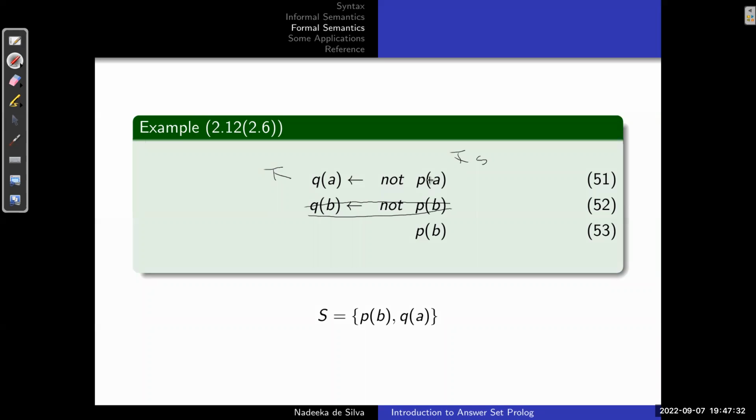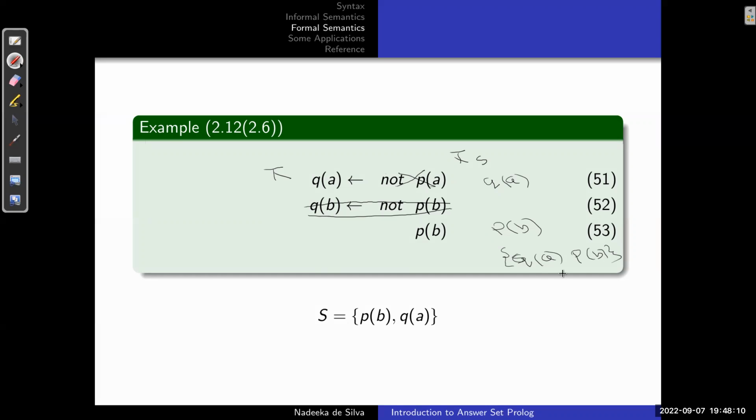Okay. And PA is not, so I have to remove all the other literals containing not. So I have to only remove this literal. So I keep the head, it becomes a fact now. Okay. So this is QA. And this rule I removed. I have the last rule also because it's not affected by that process. Okay. So this is my new program. It contains only two facts, and its answer set is what? QA and PB.